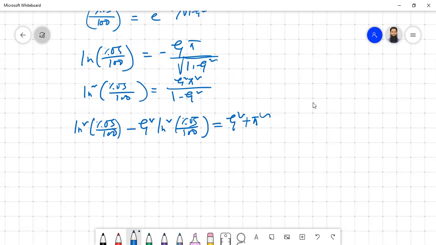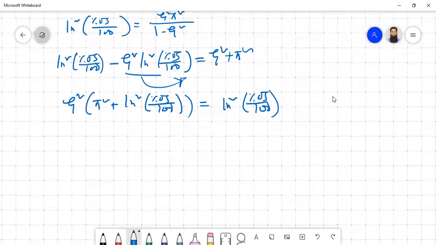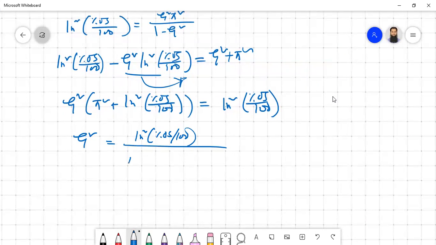Now, if you take this term to the other side and take zeta square common, then you get zeta square equals ln square percent overshoot by 100 divided by pi square plus ln square percent overshoot by 100.